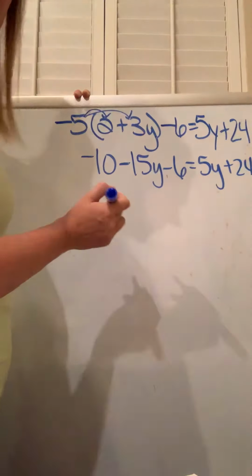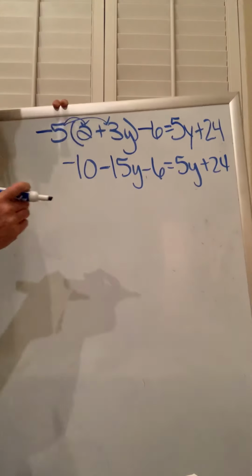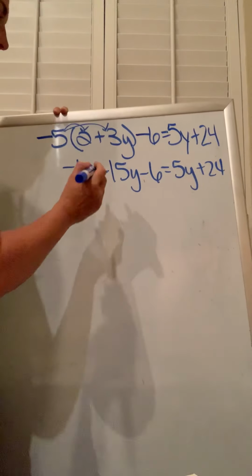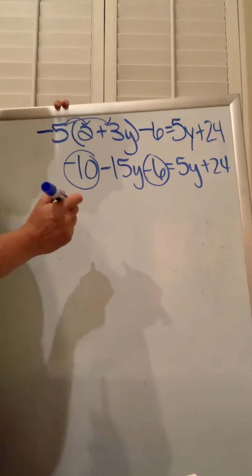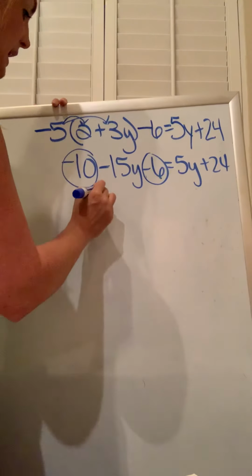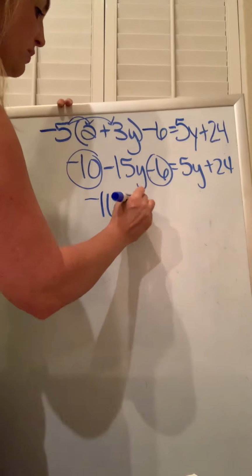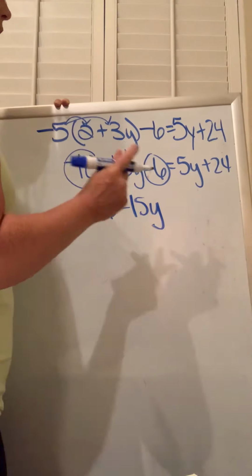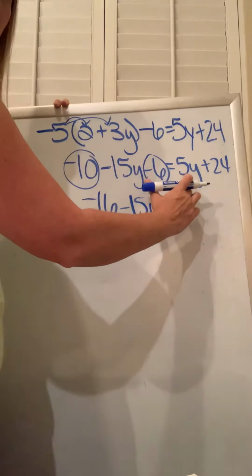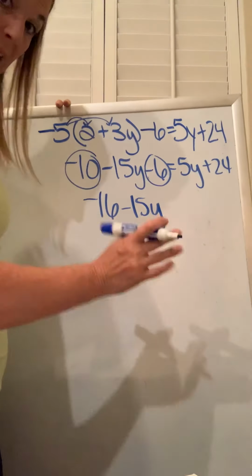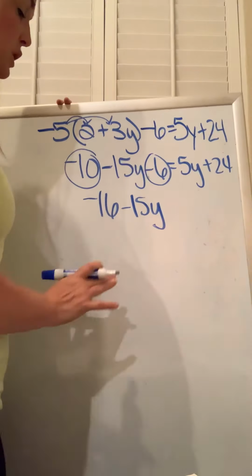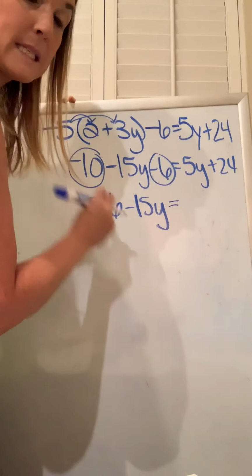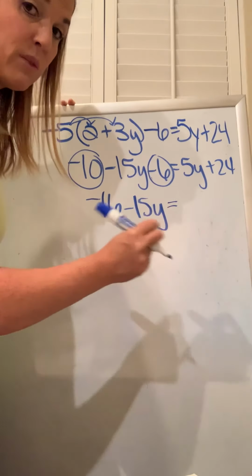Okay, there's so many numbers. All right, it's like a multi-step equation. We're going to combine terms. So I'm going to go ahead and combine negative 10 and negative 6. I get negative 16 minus 15y. Could you have added 15y first? Yes, you can. Okay, there's different ways to do it. I'm just going to combine my sides. So I'm combining these because they're on the same side. I'm not doing inverse operations here.